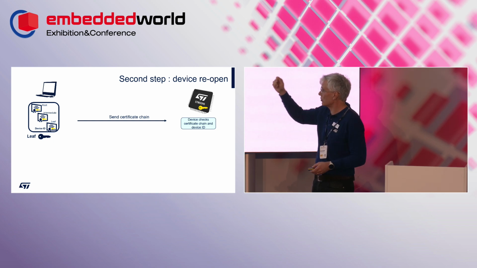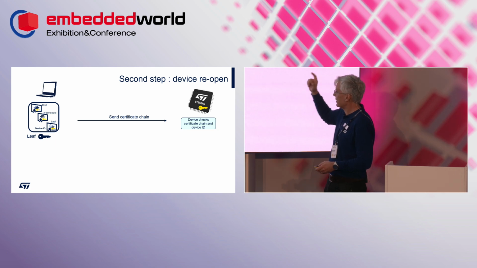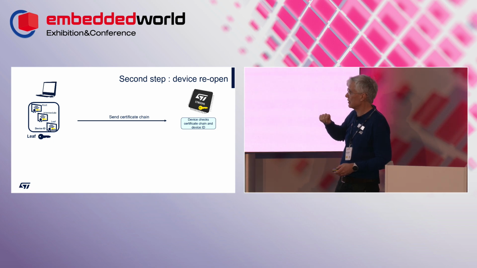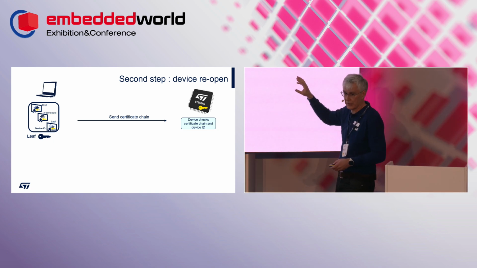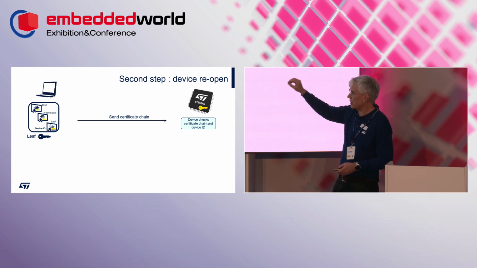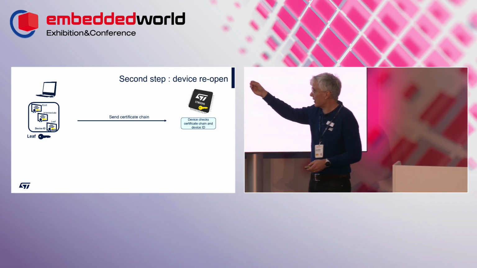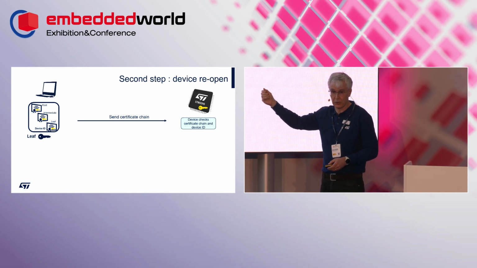It can check the signature of the intermediate certificate. Then we have authenticated the public key of the intermediate, and then we can check the signature of the leaf certificate. So we are sure we can now trust the public key of the leaf certificate and also the content, the device ID and the debug authentication.